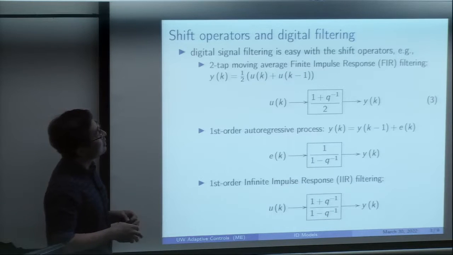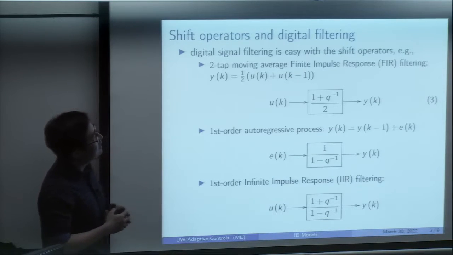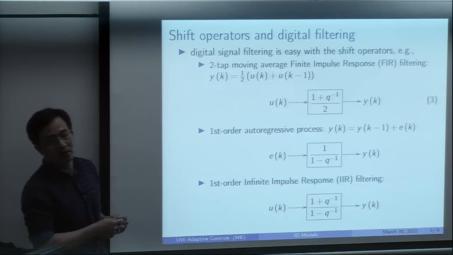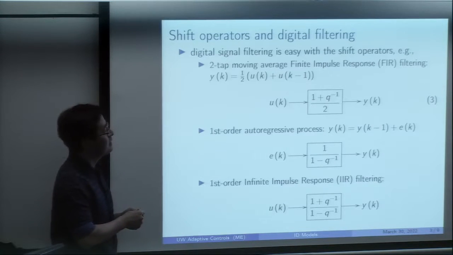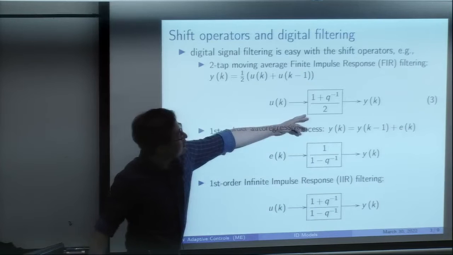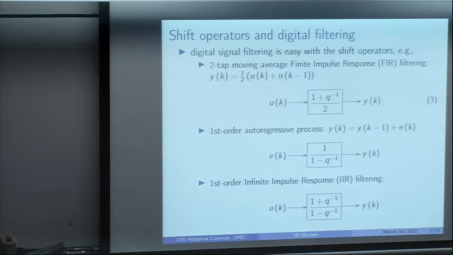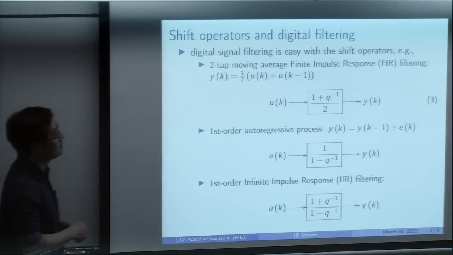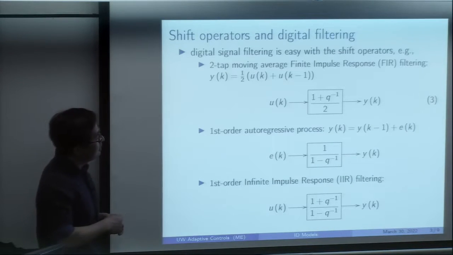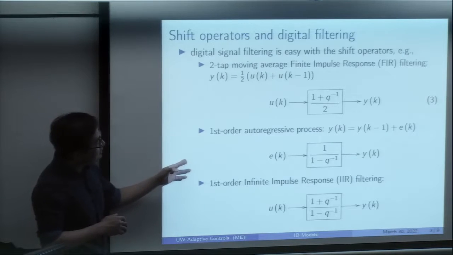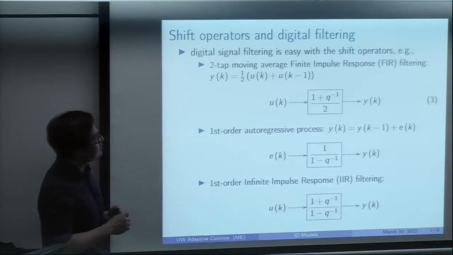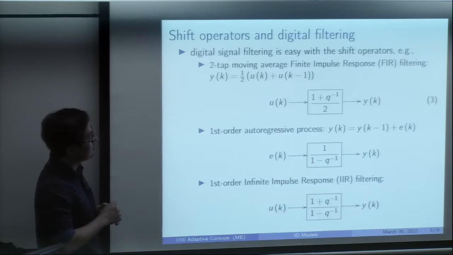Another very common term is finite impulse response, or FIR filter, because if you do the impulse response of this filter, it is finite. It is not infinite impulse response. Another thing that's very common and useful to express using the shift operator is this one.